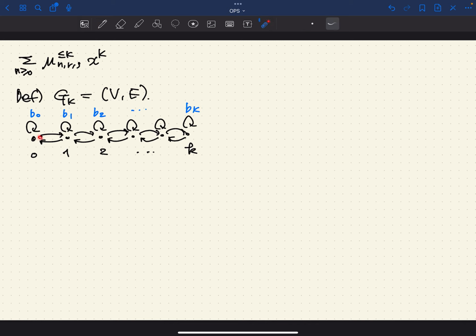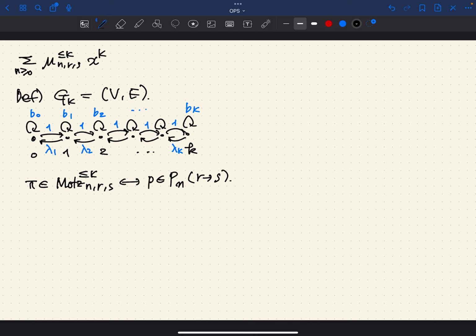If you go up like this, it's an up step, so the weight is all 1. But if you go backward, the weight is going to be lambda 1, lambda 2, etc. Let's define G_k in this way. Then a Motzkin path with bounded height k from r to s is really a path in this graph of length n from r to s.